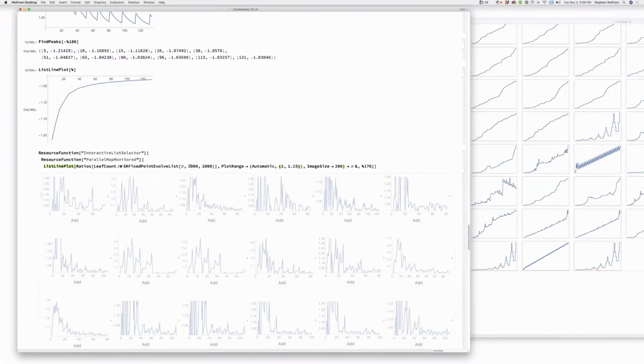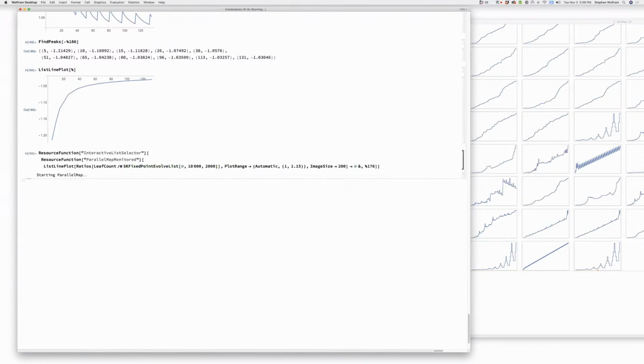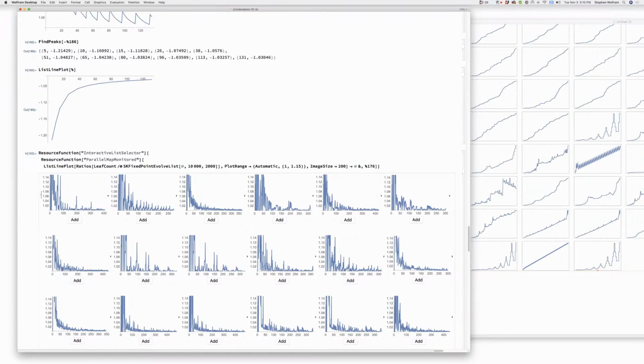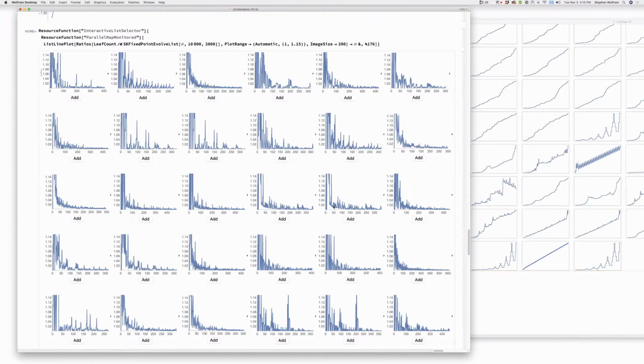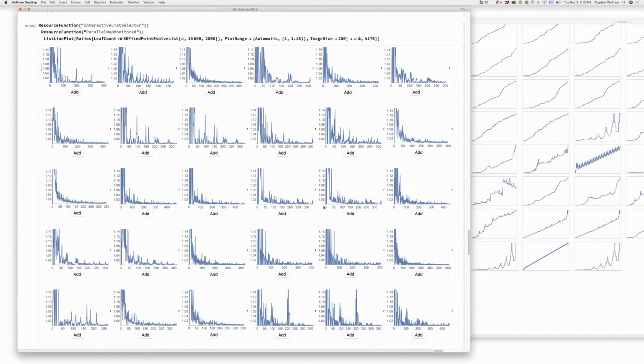And let me run them for, let's say, 10,000 steps, since it seemed to be going quite quickly. Okay, so these are now all on the same scale, although their X scales may be different.